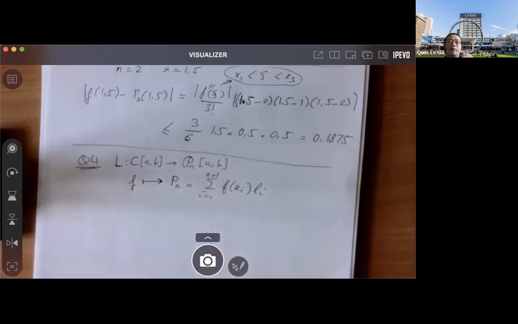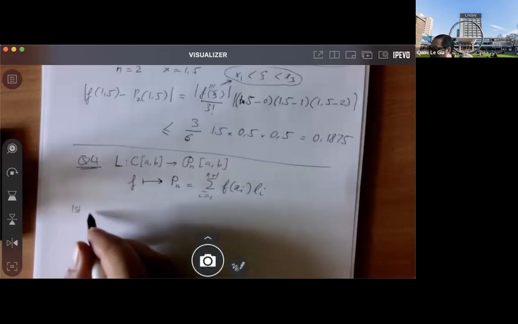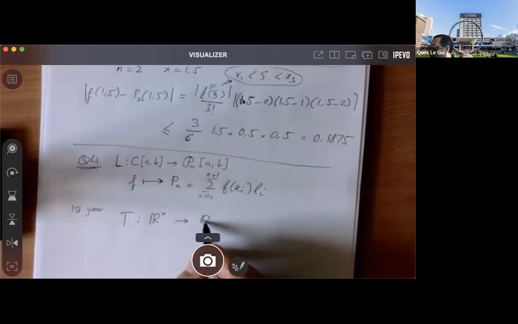So remember in first year linear algebra, right? In first year algebra, you have a linear map that maps from a vector space Rn to Rm. Remember? So recalling first year algebra, you have a map T that maps from Rn to Rm, right?